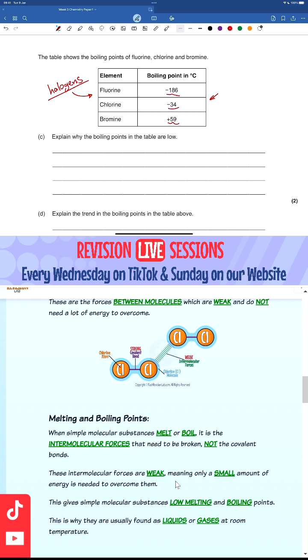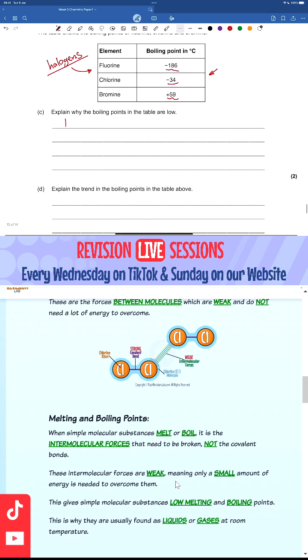So for 2 marks here, you'd say there are weak intermolecular forces between the molecules. Don't say between the atoms, because remember, between the atoms is covalent bonds.